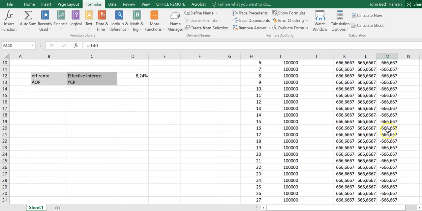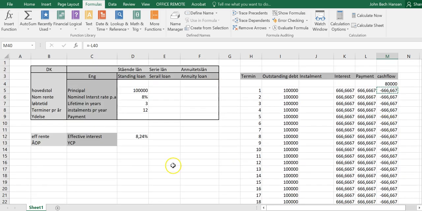So this is the cash flow. And now Excel can tell us, if this is the cash flow, what is the cost percentage per year? So the 20,000 I have deducted here is now actually transferred into a cost percentage.